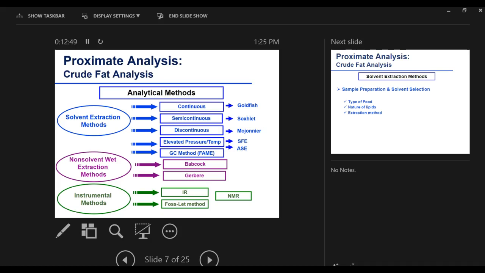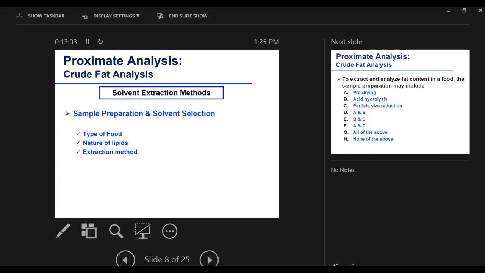And then there is also the Foss method based on density and NMR.